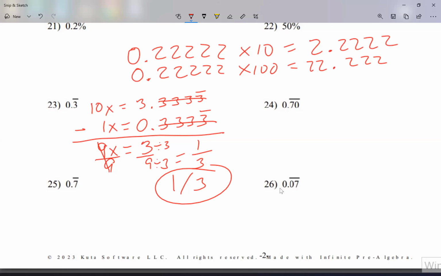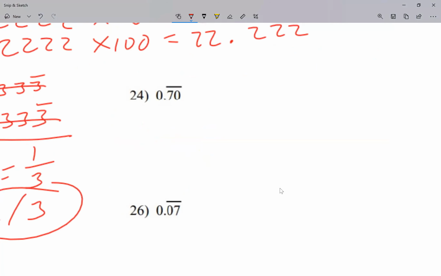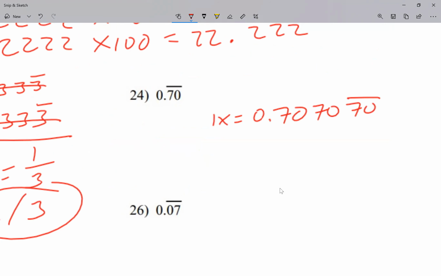Nice. Let's take a look at question number 24. I have 0.70, 70, 70, 70. So I'm going to say 1x is 0.70, 70, 70, and it continues. Notice how I expanded my number a little bit. Because it's two numbers that repeat, I'm going to multiply this by 100, so 2 zeros.